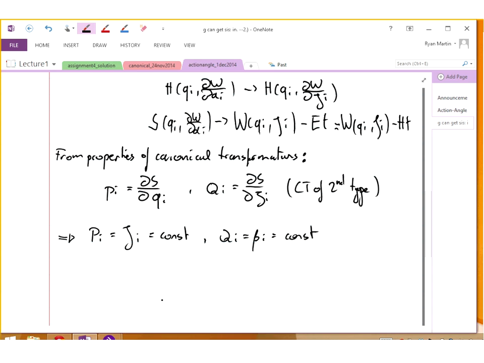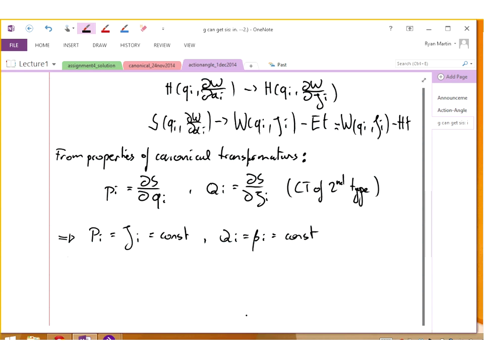And the lowercase wi's are going to be defined as di uppercase W, which depends on Q1 to Qn, as well as J1 to Jn.